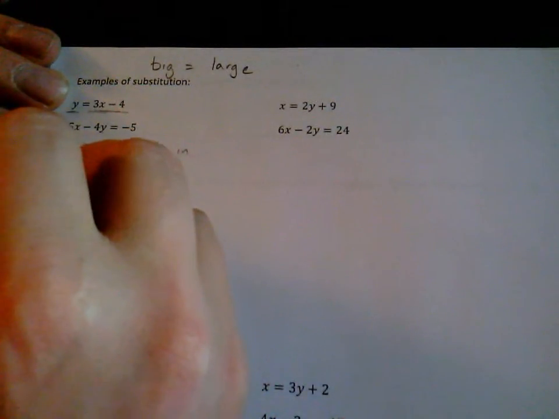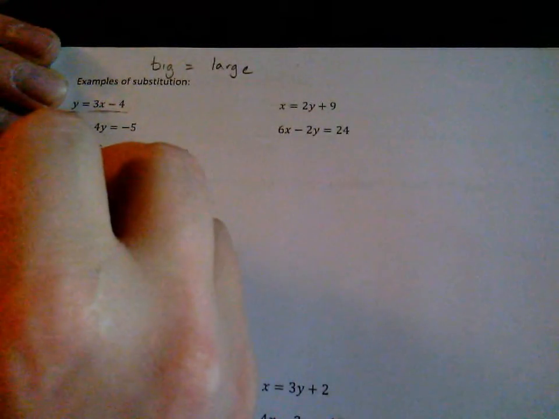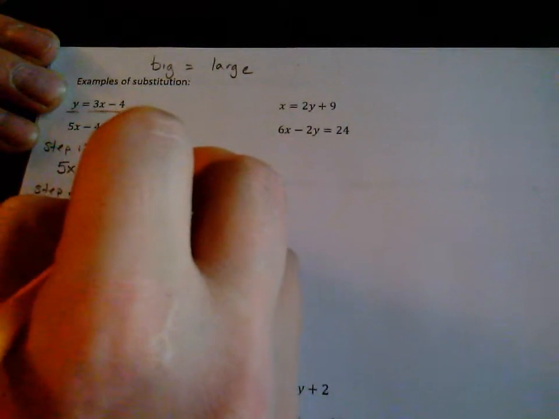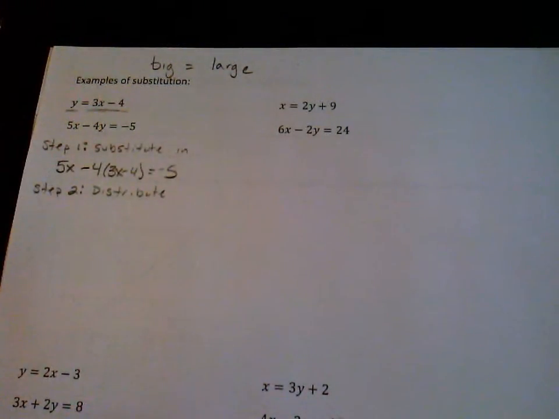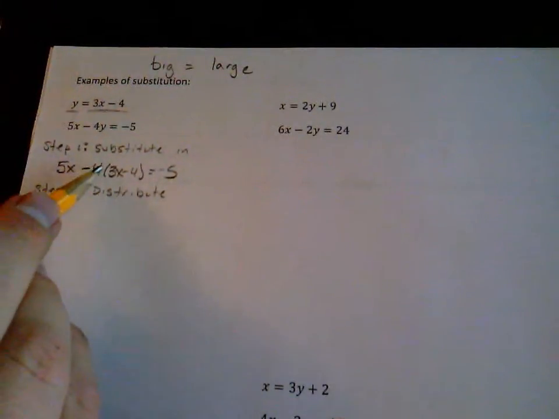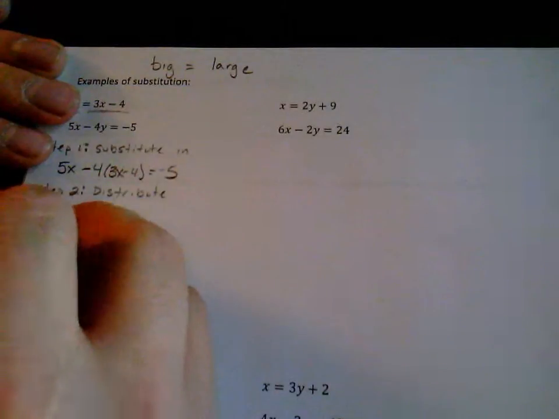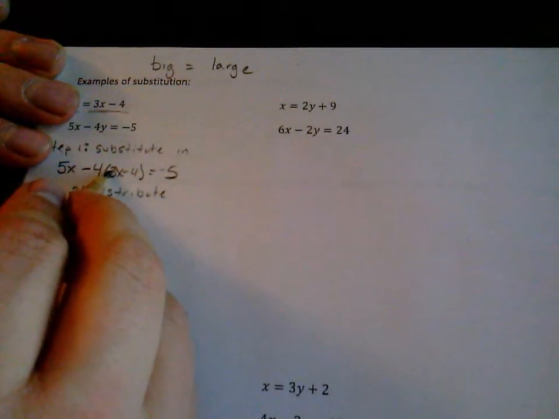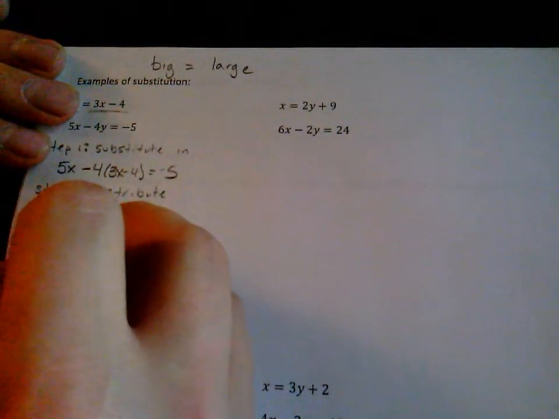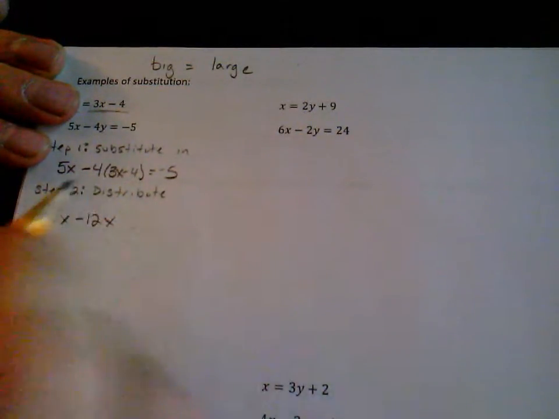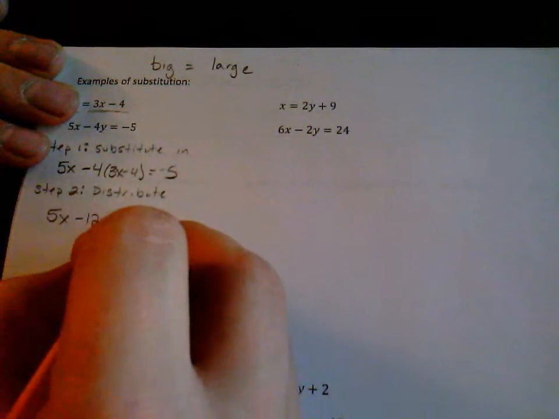Step 2, distribute. What we're going to do now is distribute this negative 4 to the parentheses. So we're going to rewrite the 5x. Negative 4 times a positive 3 becomes negative 12x. Negative 4 times a negative 4 becomes a positive 16.